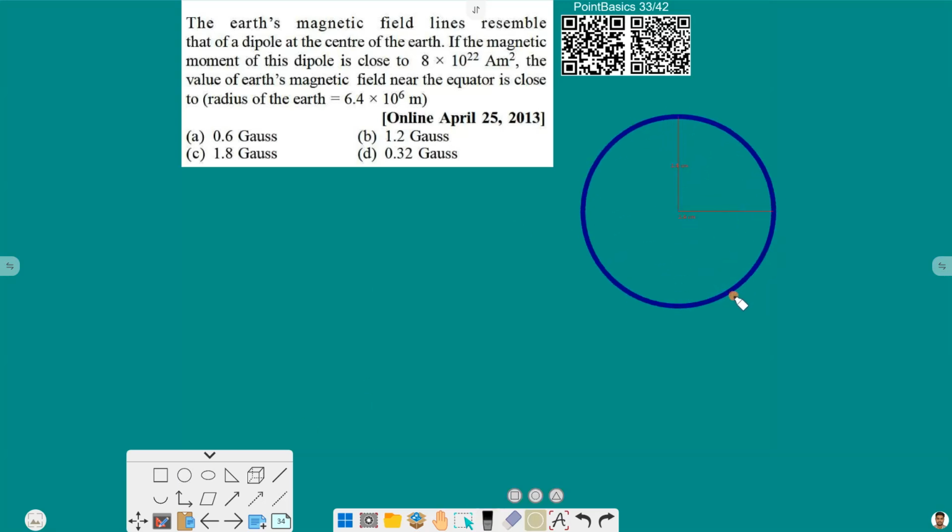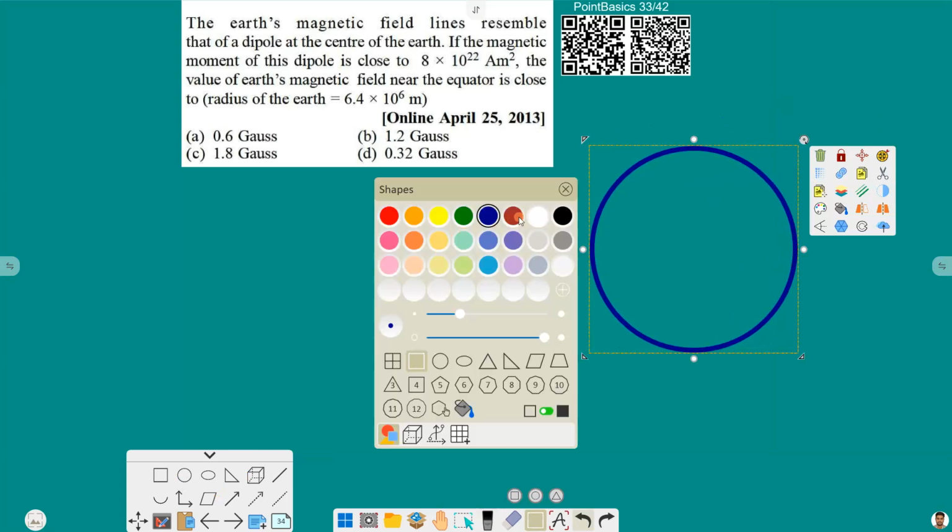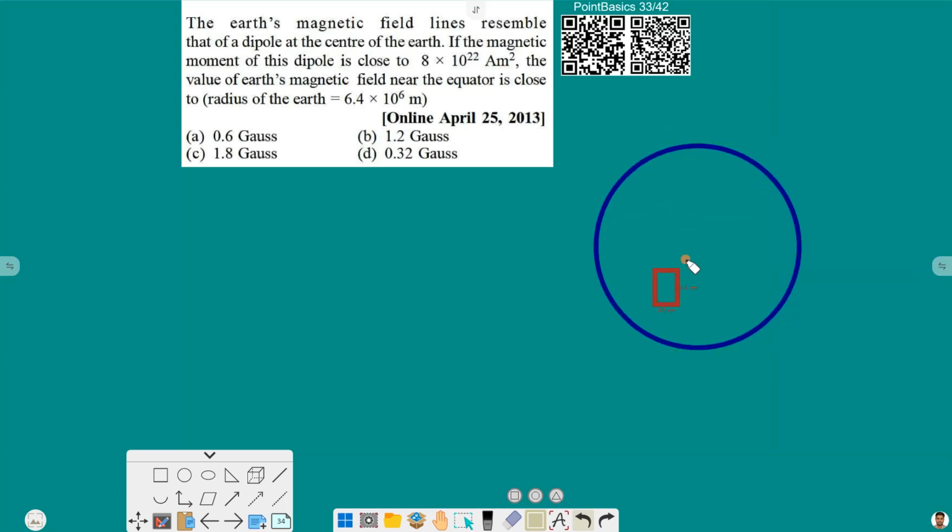If this is our Earth and our dipole inside the Earth is something like this, then the equatorial plane of Earth is something like this, meaning any point on the equator acts as an equatorial point for this dipole.